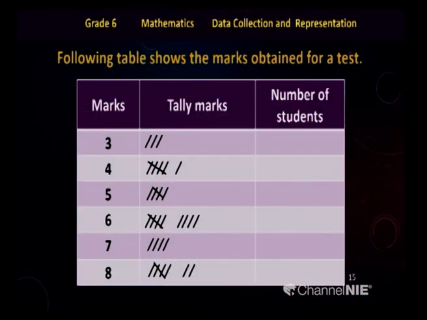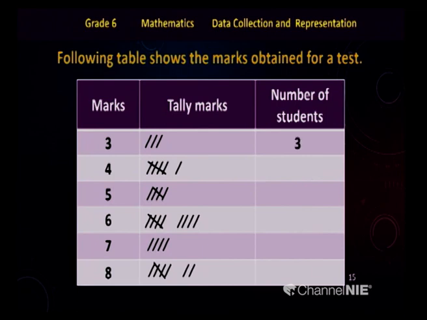Here, the following table shows the marks obtained for a test. Here, I have given marks and tally marks. You have to complete the number of students only. Here, how many students have taken the mark 3? That is 3. You can count. It is very easy.